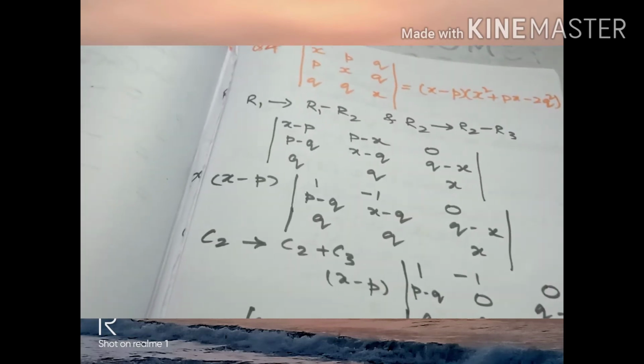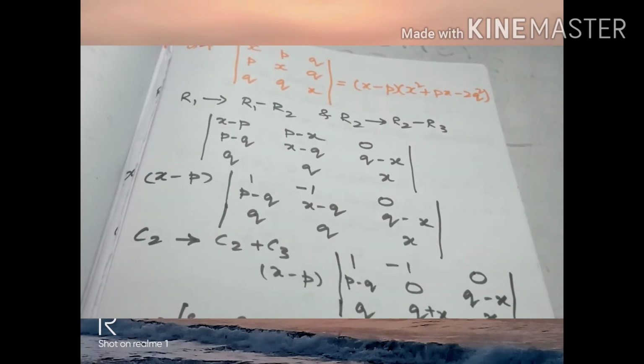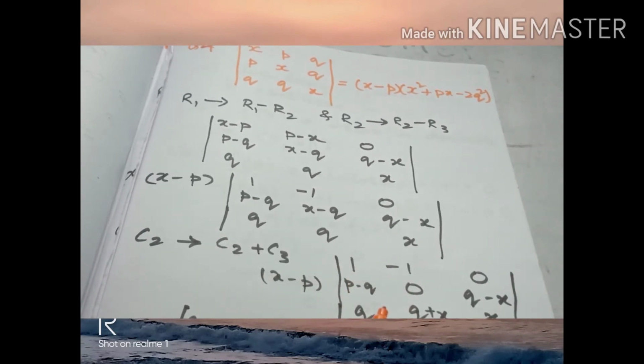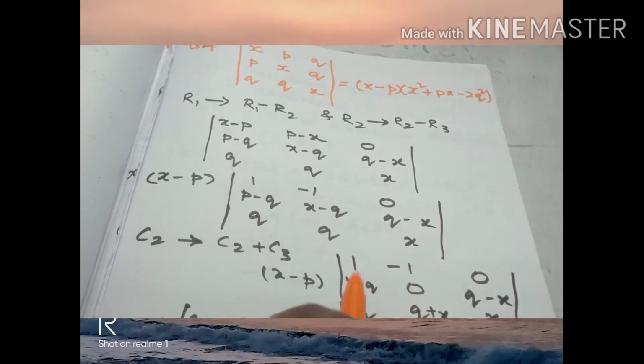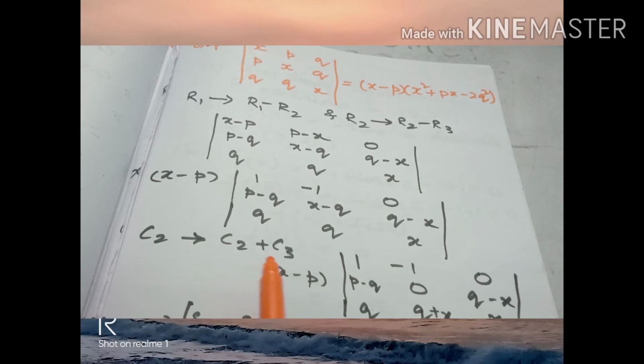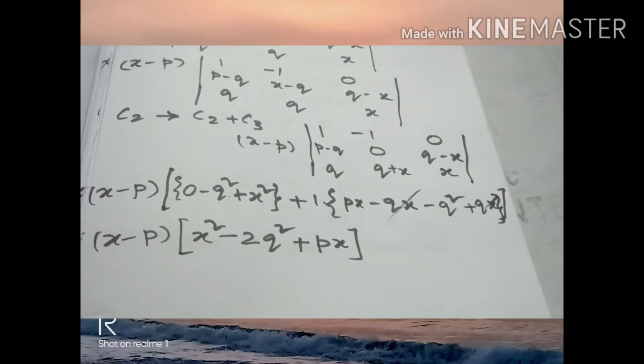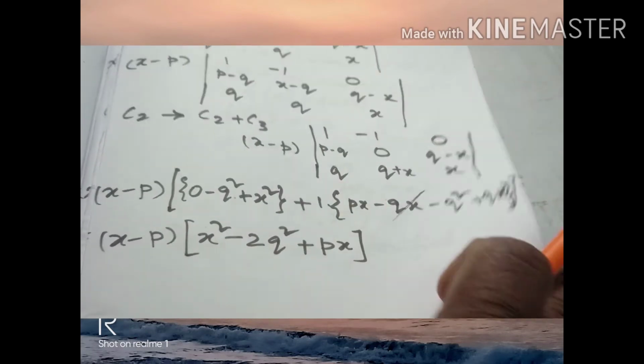Then taking x minus p common, then we apply C2 plus C3 in C2, and we get a 0 here. Then expanding along the first row, we get the required proof.